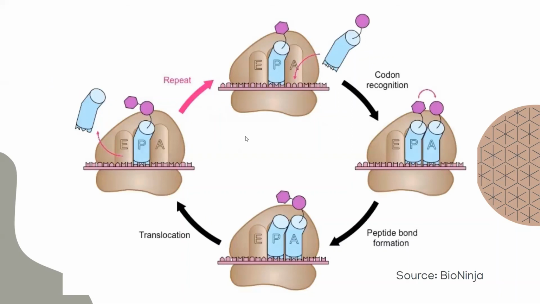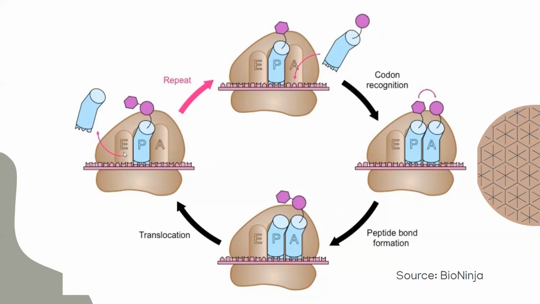So take a look at this diagram. There's an E site, P site, and A site, and these tRNAs bring an amino acid with them. Those that have an amino acid attach to the codon with the complementary anticodon, and then these two form a peptide bond and move to the next site.